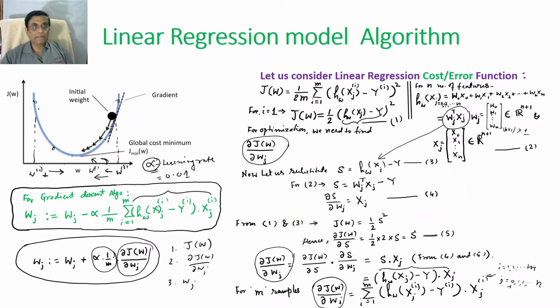See, the one beauty is wherever you start initially, the J(W) value will decrease slowly but steadily. If alpha is higher, it will decrease at a faster rate. If alpha is smaller, it will decrease at a lower rate. If you can see the rate of decrease, in the earlier epoch or iteration it decreased that much, because it is a nonlinear decrease, and now it decreased this much.